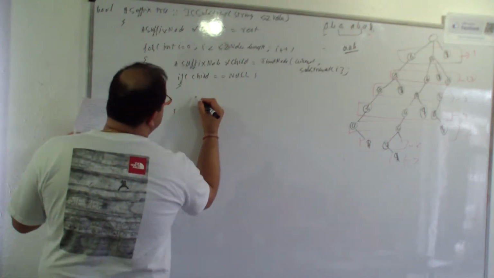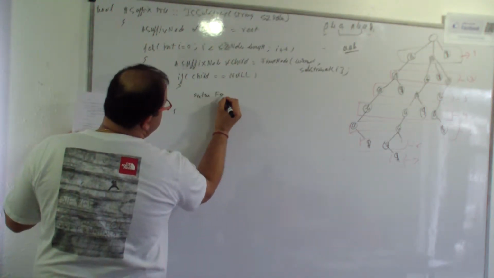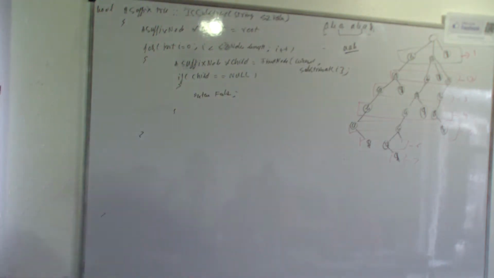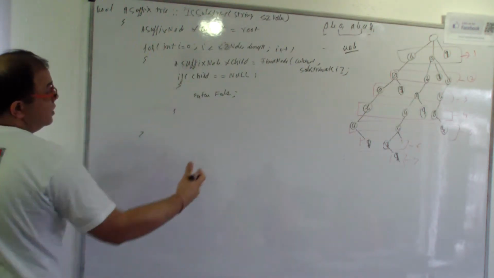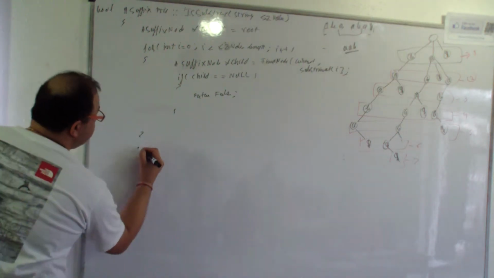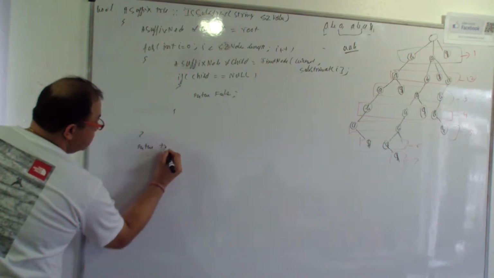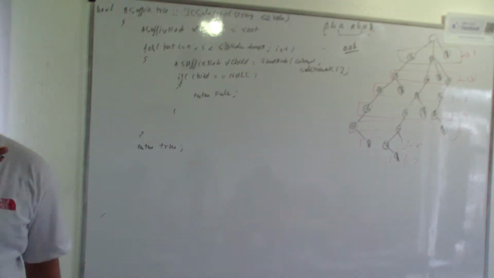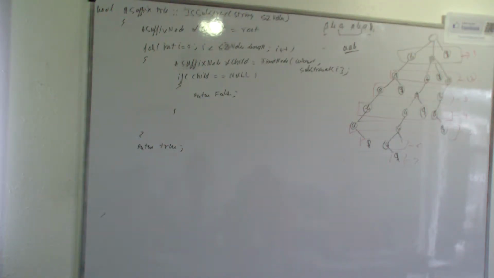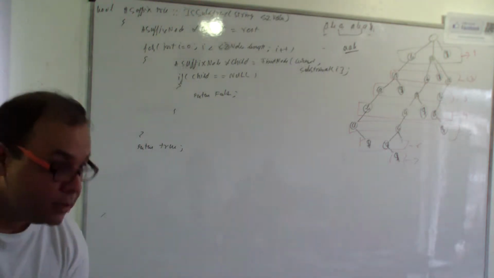So we'll return false. Otherwise, we keep going, and at the end we return true. Simple. Did we understand this? Yes? No? Swati? Yeah.